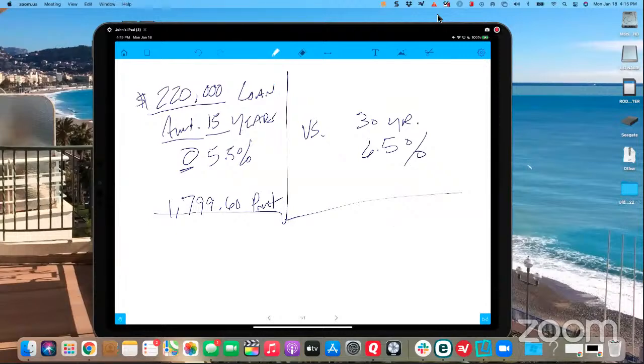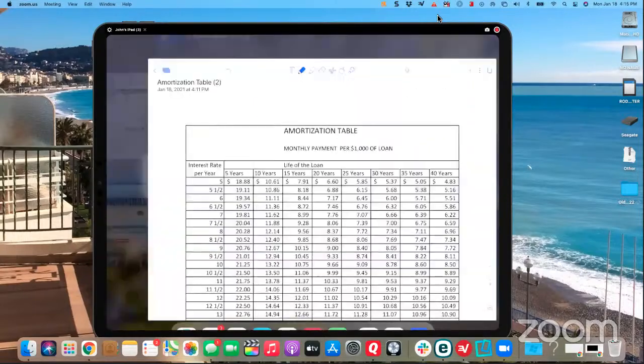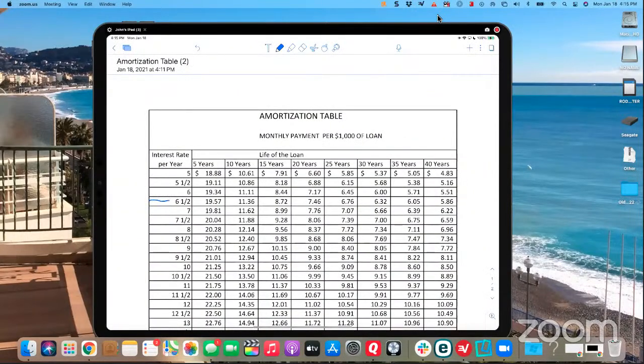Now let's go back to the second part of the question. Says right here, versus a 30-year at 6.5%. See that? Still dealing off 220,000. So if we come back here, here's our 6.5%. And this time we're at 30 years. So we need to come down here, and it looks to me like it would be $6.32.